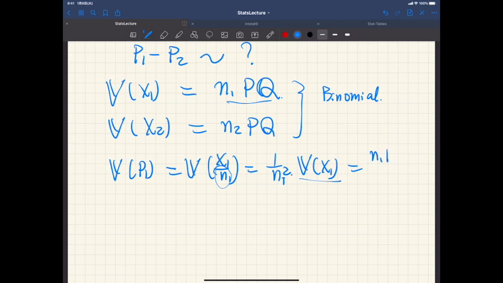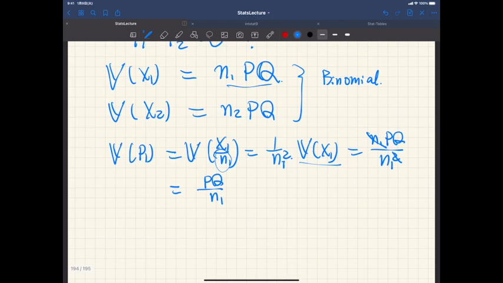So n1 pq over n1 squared, so the n1 here and here cancel, and this is pq over n1. And similarly, we have the variance of p2 as pq over n2.